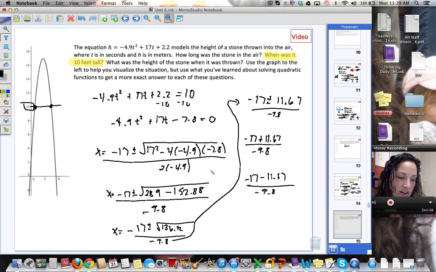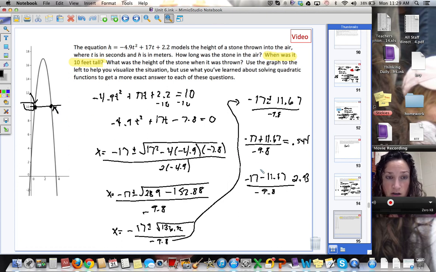So I'm going to get 0.544 here, positive, right? 0.544, that would be right here. And then over here, I'm going to get positive 2.93. So that's going to be right here.